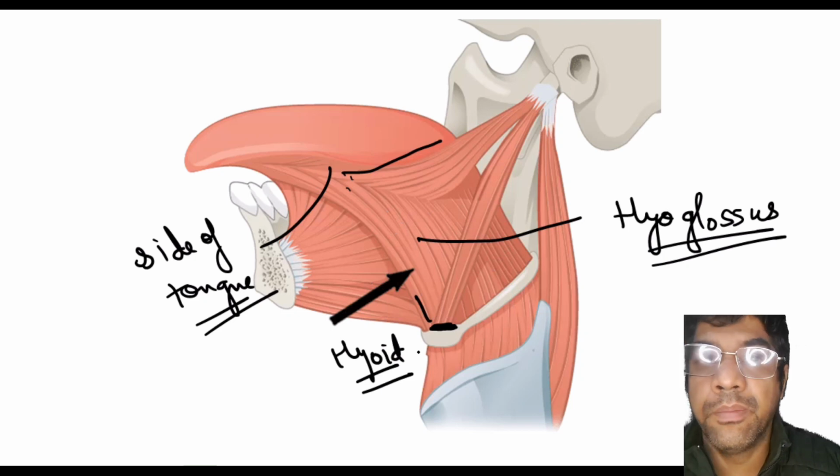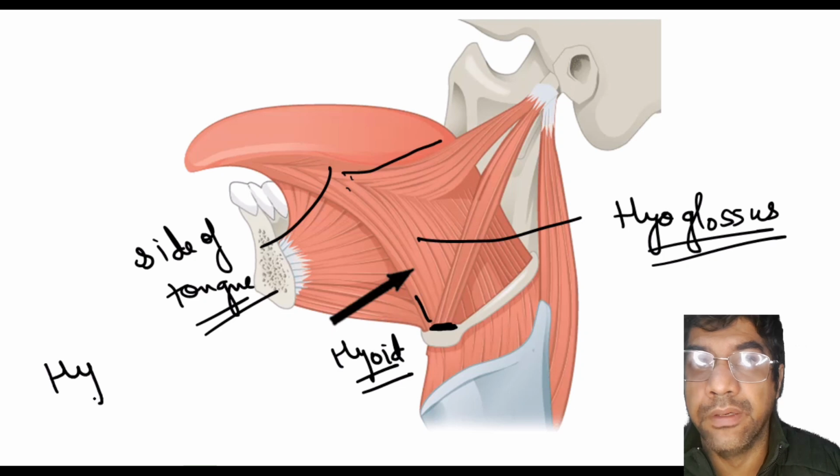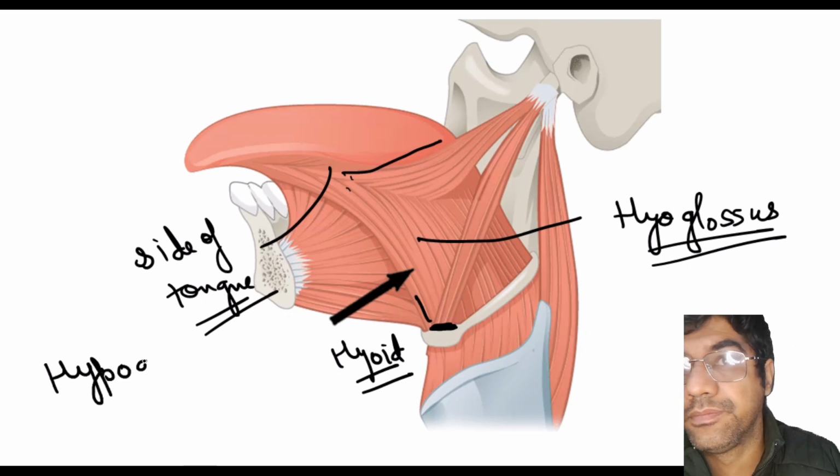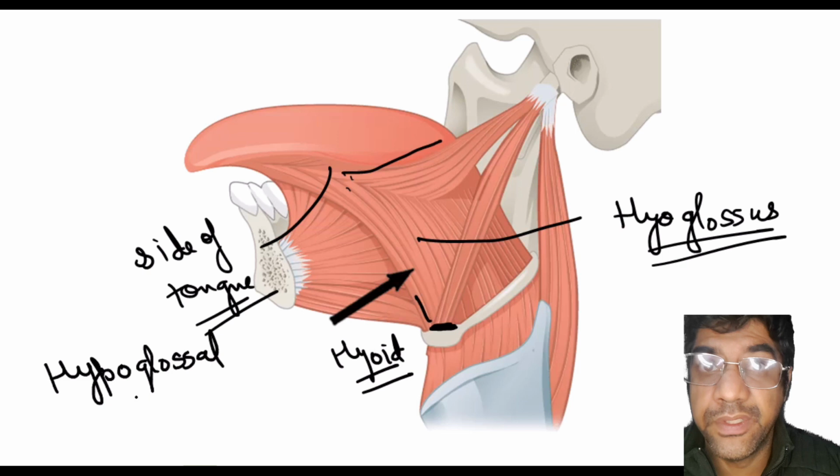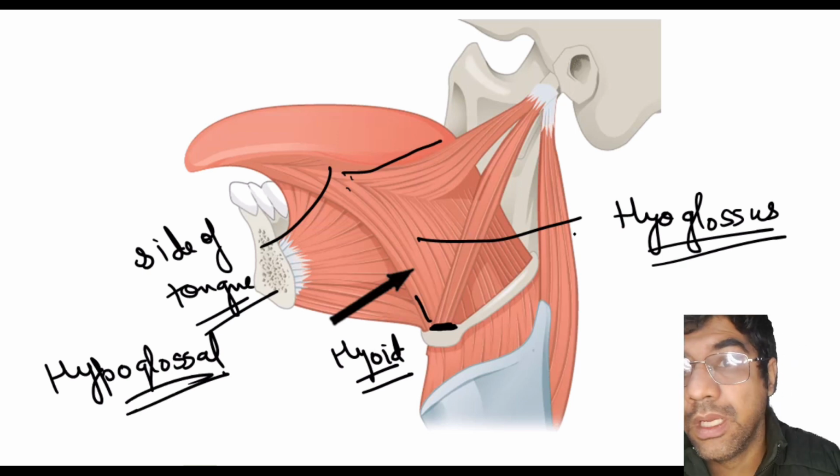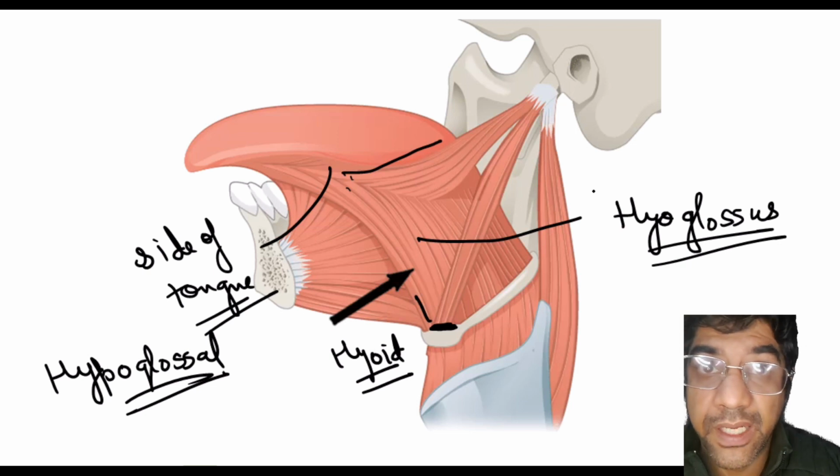Now it is controlled by which nerve? It's the hypoglossal nerve. Now what is the function of this muscle? It depresses the tongue and makes the top surface of the tongue convex.